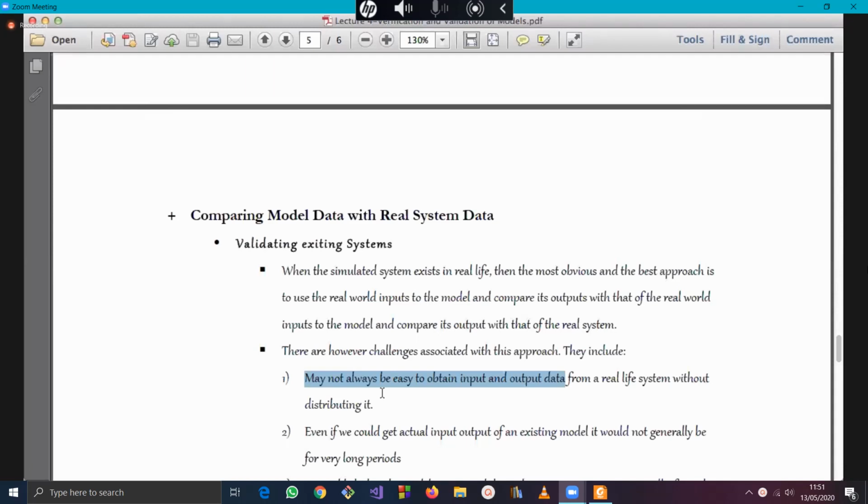But then the data is not there, so it may not always be easy to obtain input and output data. That's one challenge of validating an existing system. The other thing is, even if you could get actual input and output of an existing model, it will not generally cover a very long period, right? So what does this mean?